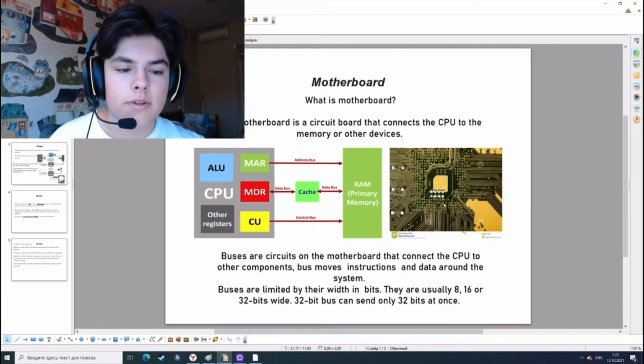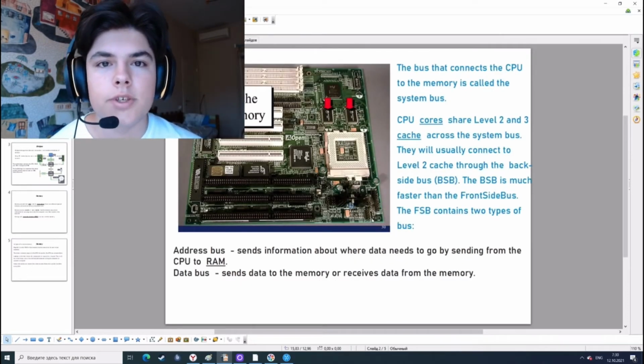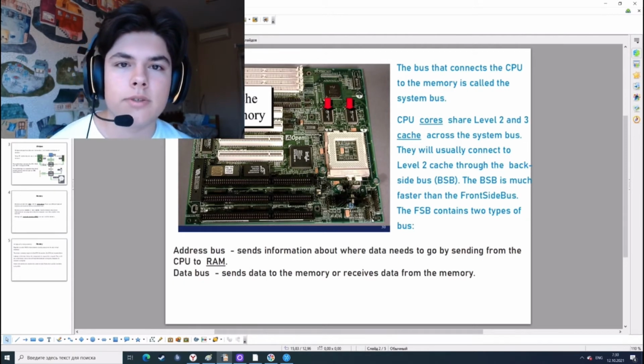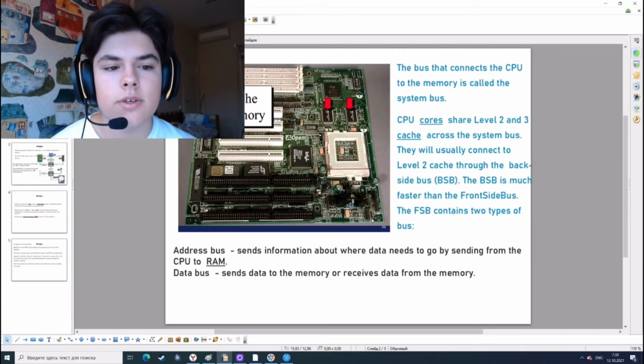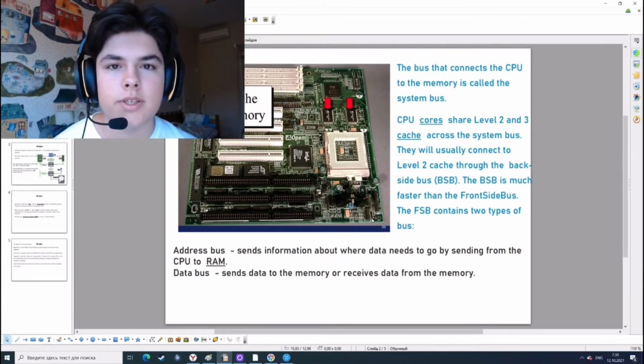Buses are limited by their width in bits, so a 32-bit bus can only move 32 bits at once. CPU cores share level 2 and 3 cache across the system bus. The system bus is the bus which connects the CPU to the memory, and they will usually connect to the level 2 cache through the backside bus.